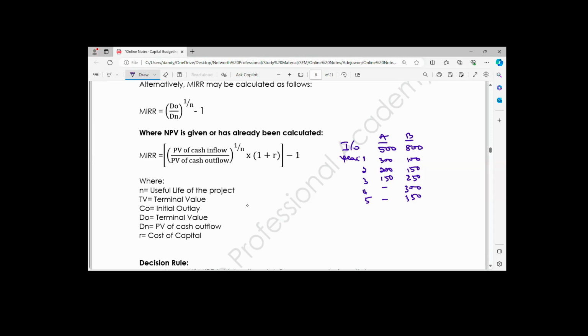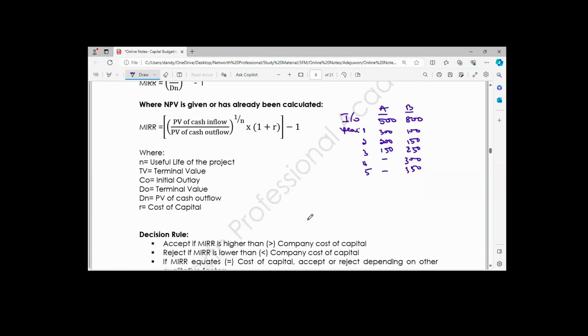Now, when you want to explain areas of conflicts between decision of NPV and decision of internal rate of return, the first item we are going to talk about is where there is a significant difference in the amount of capital outlay. I repeat, one, causes of conflicts between NPV and internal rate of return.